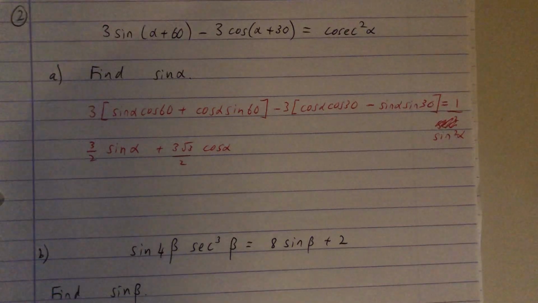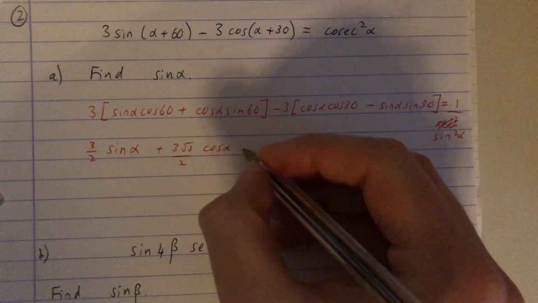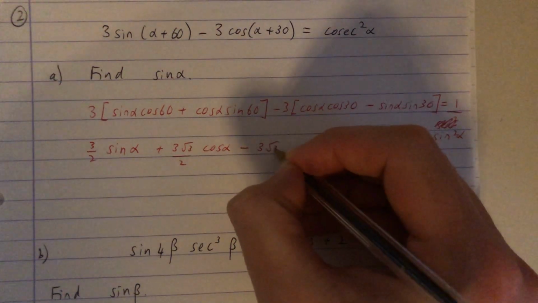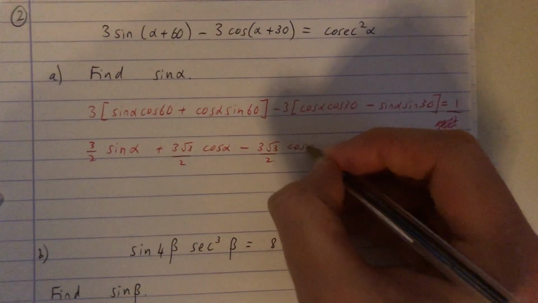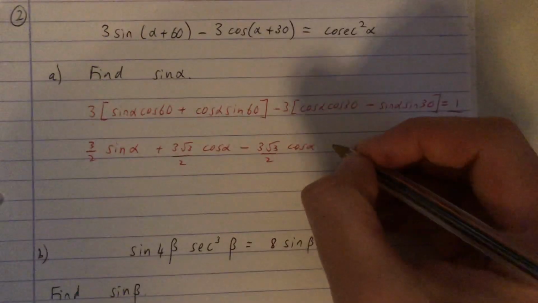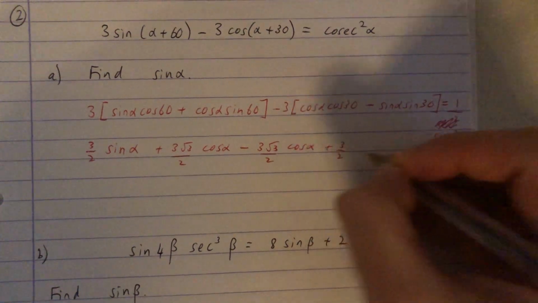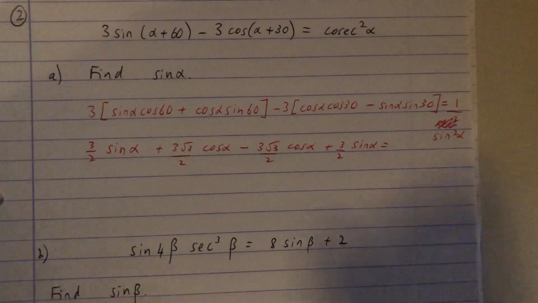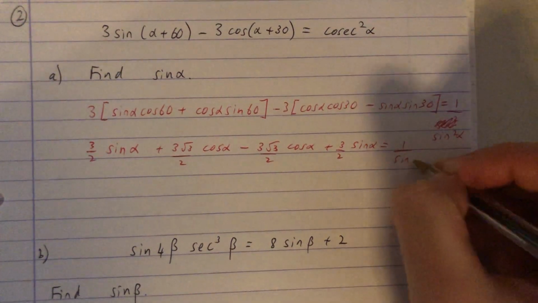So if I expanded the second bracket, you would get minus 3 root 3 over 2 cos alpha. And I know that sine 30 is a half. So if I expanded that bracket, I would get plus 3 over 2 sine alpha is equal to 1 over sine squared alpha.